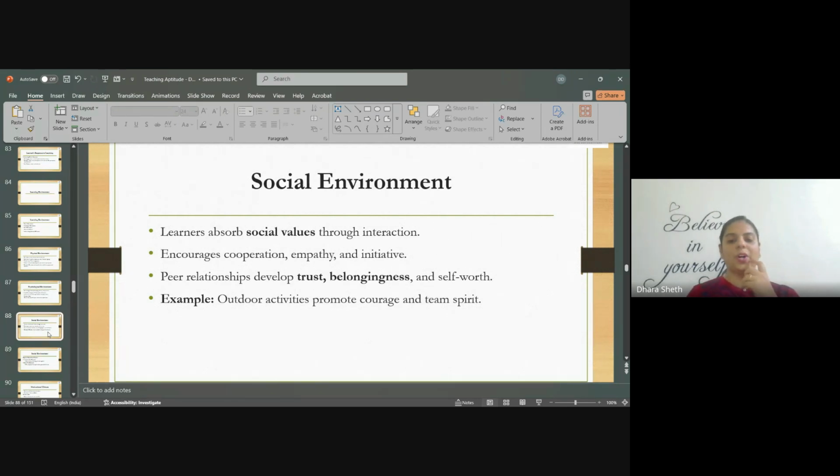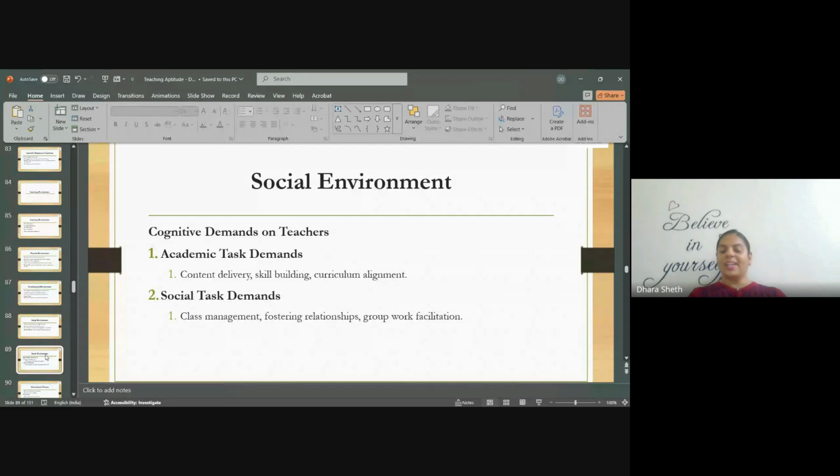Victims of bullying usually do not have great scores when it comes to studying. That is because they do not feel safe in that environment, or they do not have that trust or belongingness with their peers. Outdoor activities, picnics, and team building activities promote courage and team spirit.